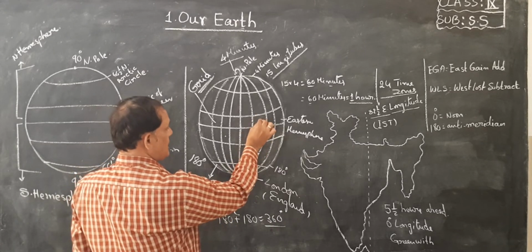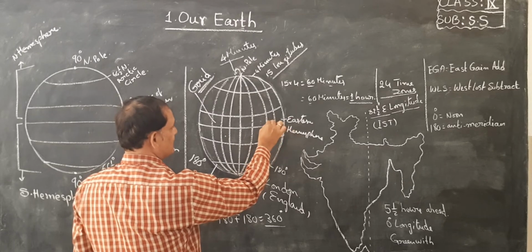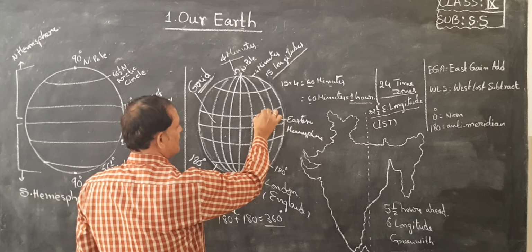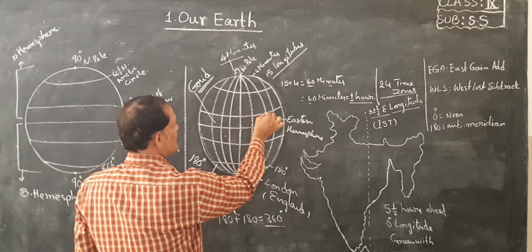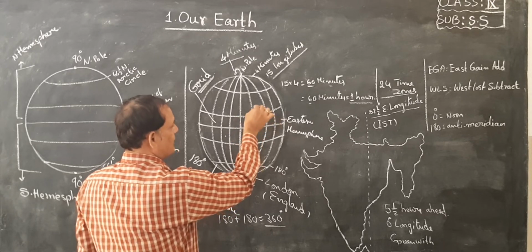Look at, children. If you draw our India map upon the globe, it may be here. From here to here, how many longitudes are passing?